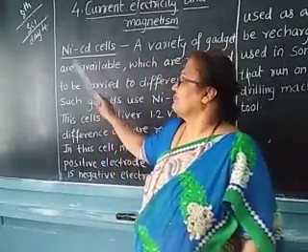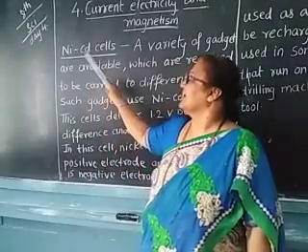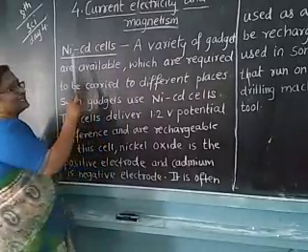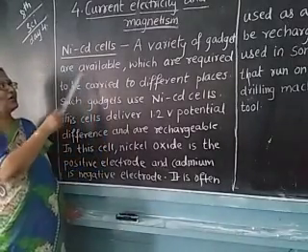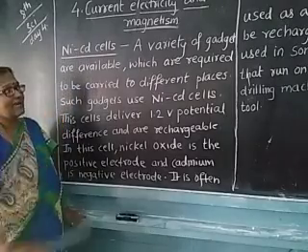Now, today we are going to study another cell, that is the nickel cadmium cell. We call this a nickel cadmium cell because in this cell there is the presence of nickel and cadmium.